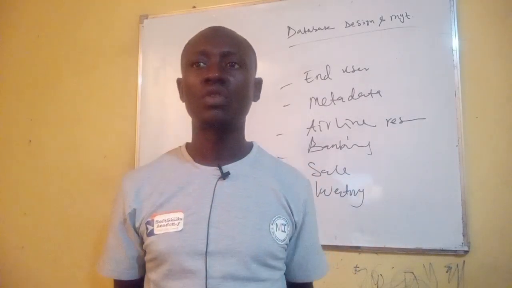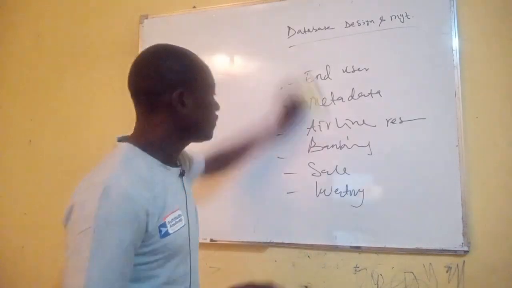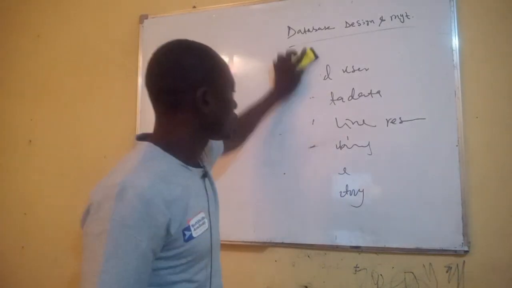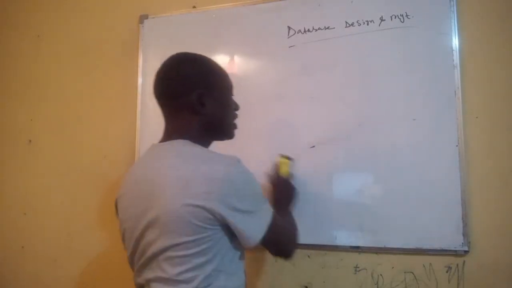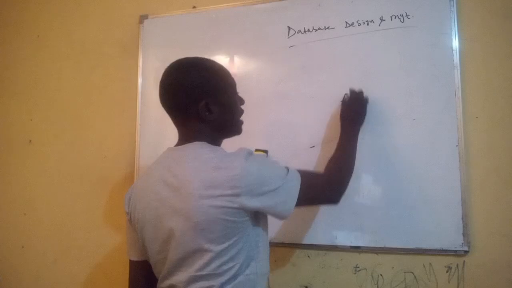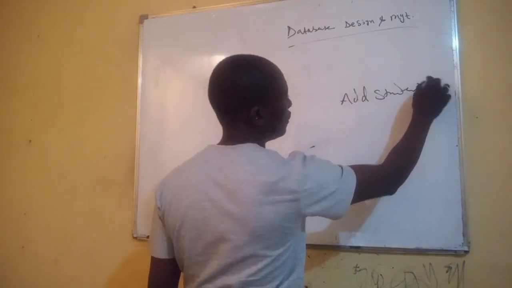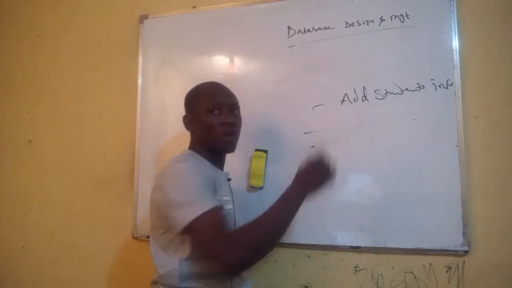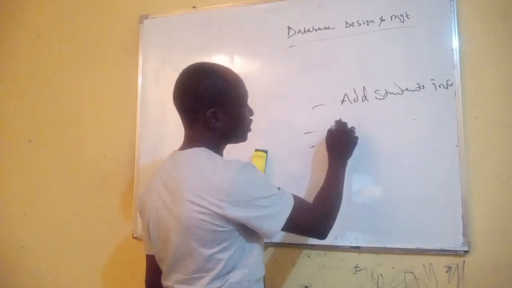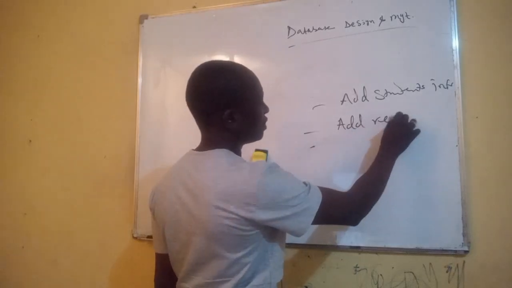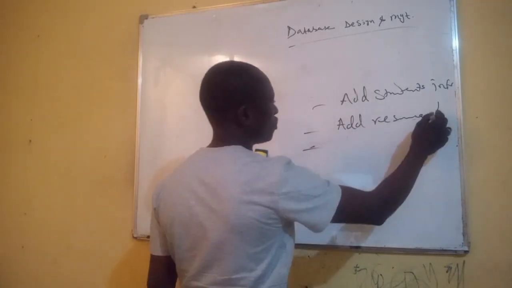We have application programs like one to add new students. That means if you are dealing with your university information system, you create a database that will require you to add student info, and another one to add courses.